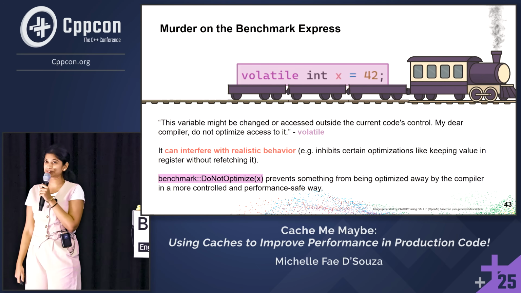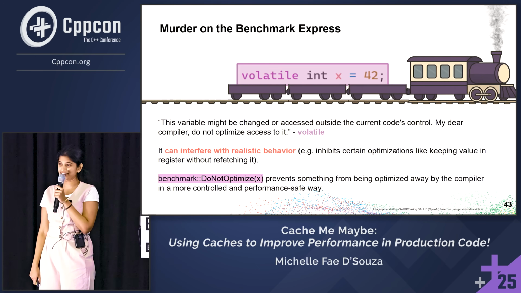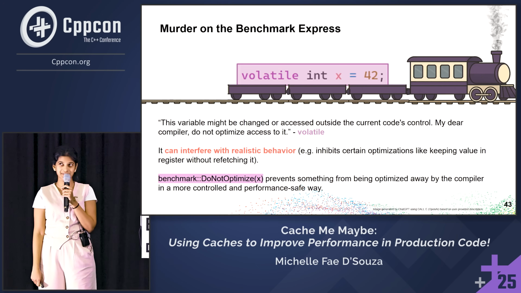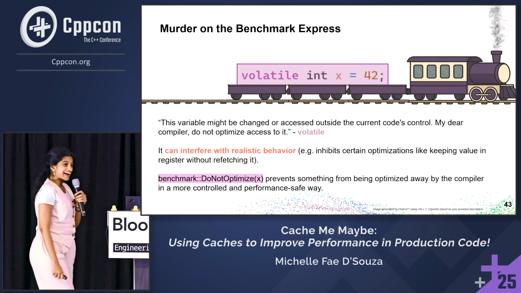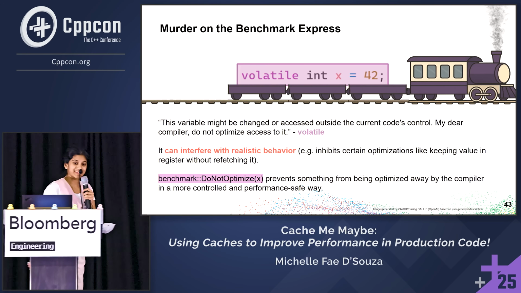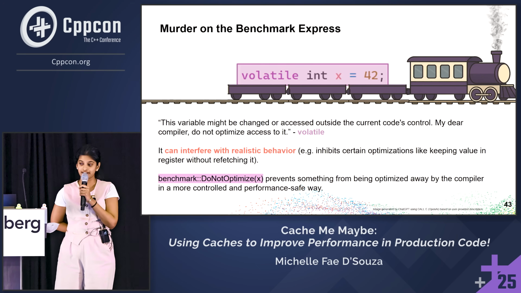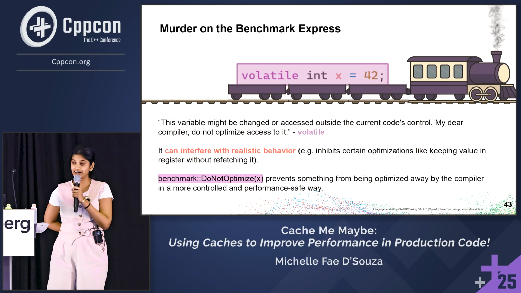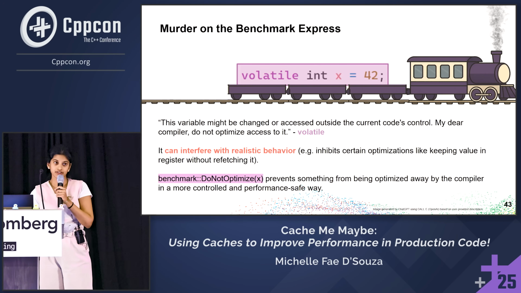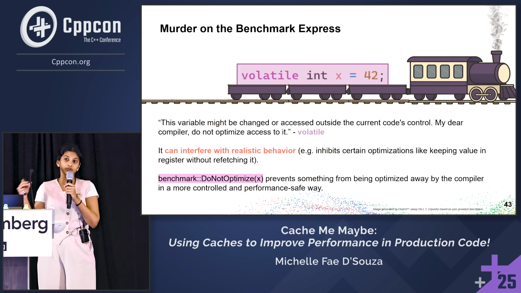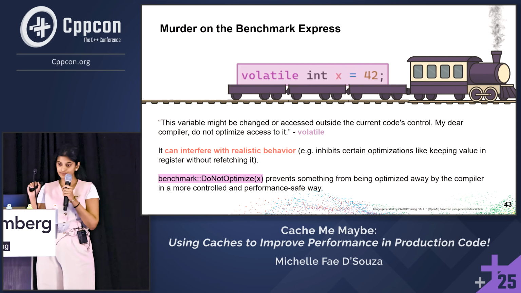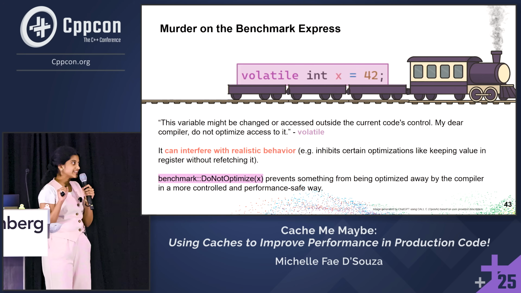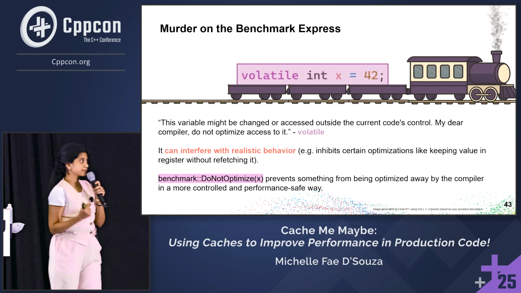So I was trying to use volatile just because it's a bad habit, not just of mine, but of some other people I know. Volatile essentially tells the compiler that the variable might change, so just don't optimize this line. But this can interfere with realistic behavior.